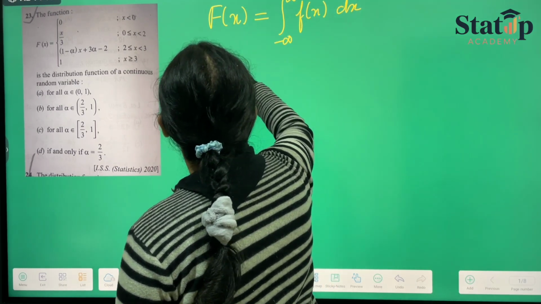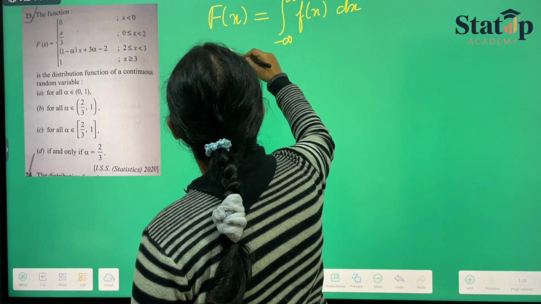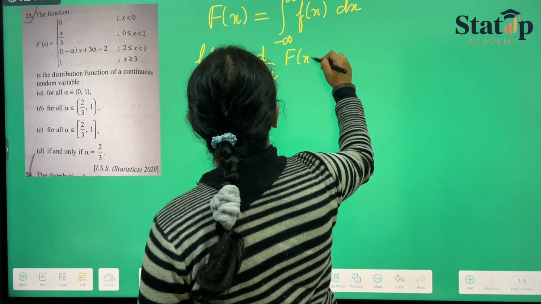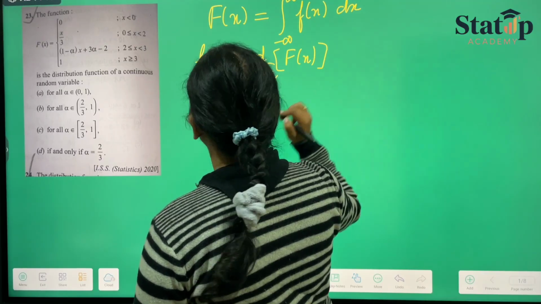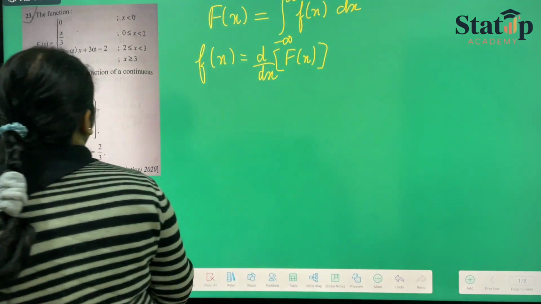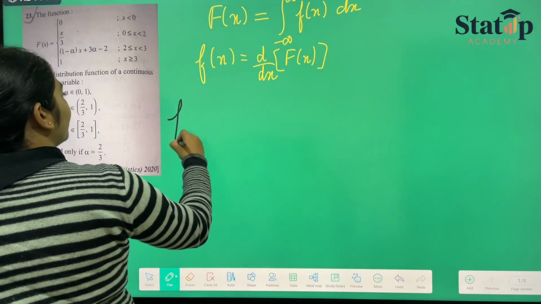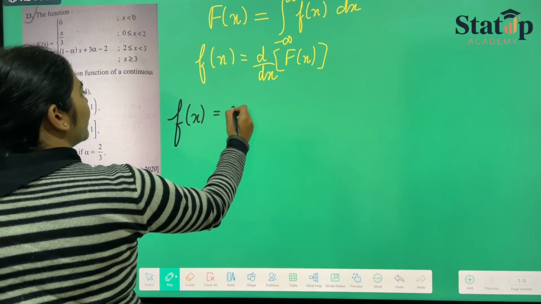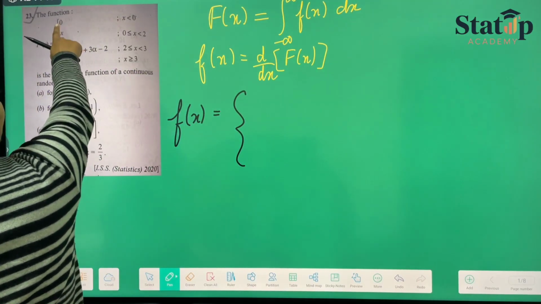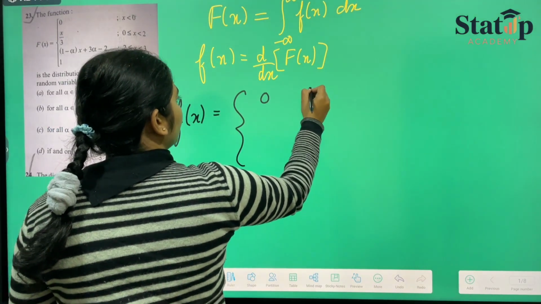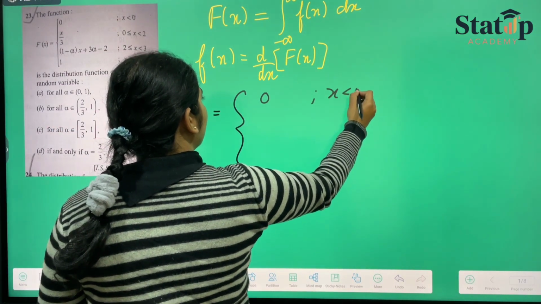So if we have to find fx, then it will be the differentiation of the CDF, the cumulative distribution function. So for all ranges, let us find the PDF. If we differentiate 0, it will be 0 only, so 0 for x less than 0.